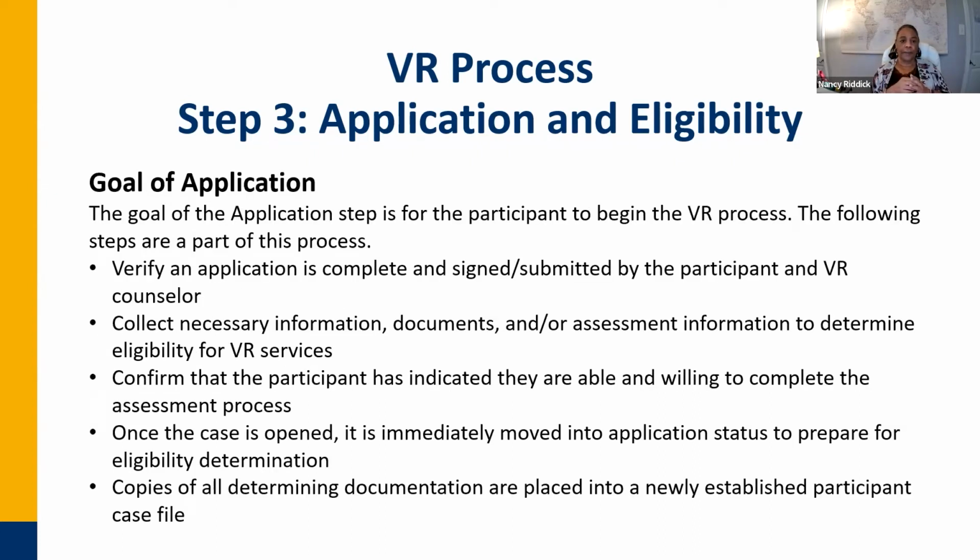Let's look at the goal of the application. This goal is to have the participant begin that process. You're going to verify that the application is complete, that they have signed it, submitted by the participant and the VR counselor. The participant and the VR counselor must sign the application.